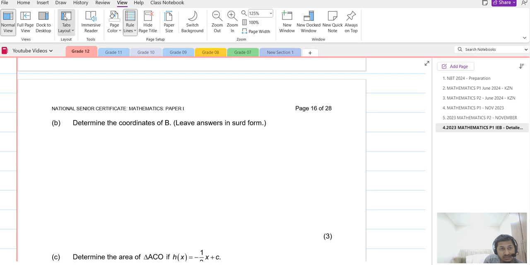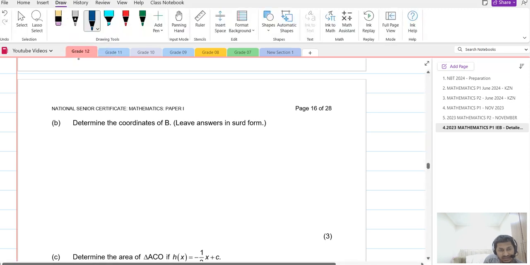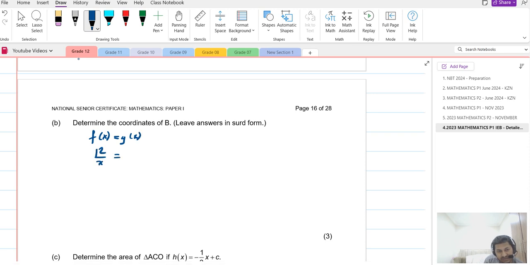In other words, f of x equals g of x. If we cross multiply, we get x squared is equal to 12. This implies x is equal to plus minus the square root of 12. 12 is 4 times 3, so plus minus 2 root 3. You can check the square root of 12.